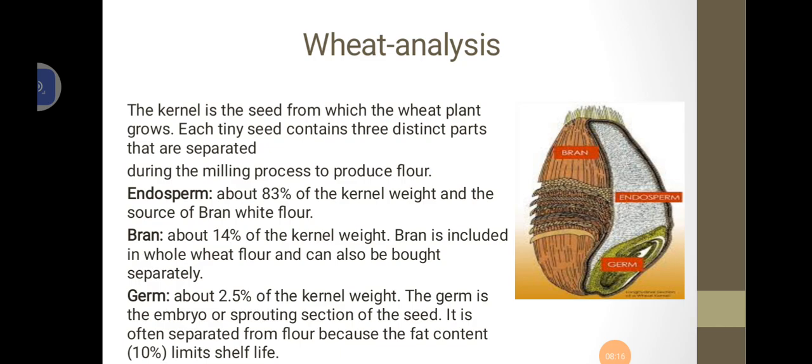Bran, about 14% of the kernel weight, is included in whole wheat flour and can also be bought separately. Germ, about 2.5% of the kernel weight. The germ is the embryo or the sprouting section of the seed. It is often separated from the flour because the fat content of 10% limits the shelf life.